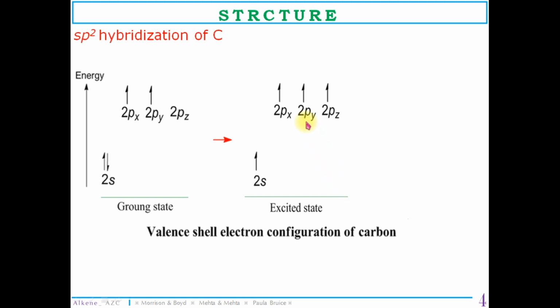After this, there is mixing of 3 orbitals, where the participating orbitals 2s, 2px and 2py give 3 sp2 hybridized orbitals. Here we have one unhybridized 2pz orbital, and these hybridized orbitals have intermediate energy level between p orbital and s orbital. So this is the sp2 hybridized state of carbon.